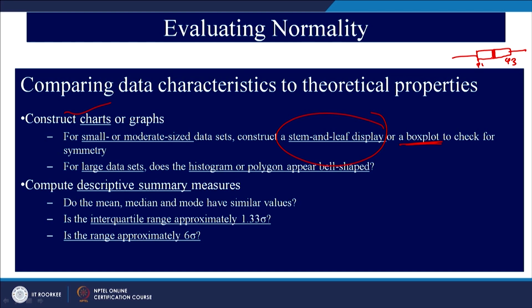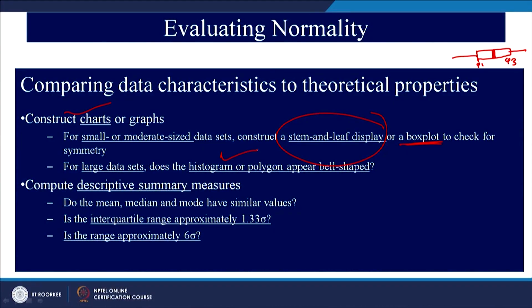If the data set is quite large, then rather than going for a stem and leaf diagram and box plot, it is always suggested to go for a histogram or polygon. That will give you an idea whether the histogram is taking a bell shaped curve or not. So, these are very visual ways of identifying whether data are normally distributed or not.